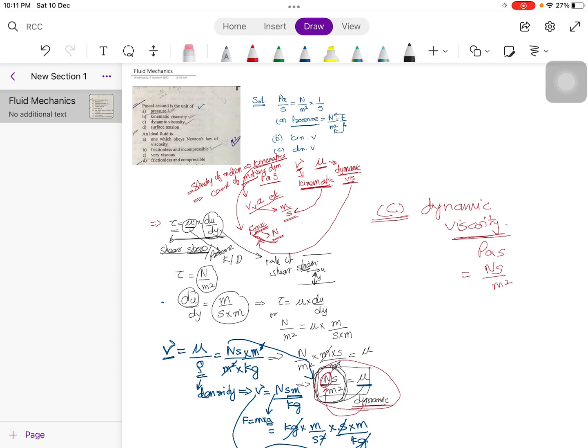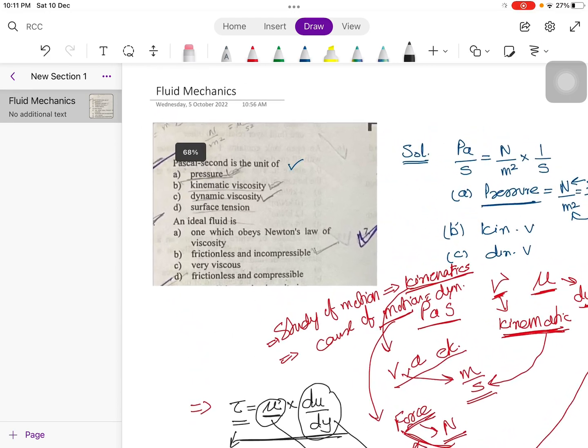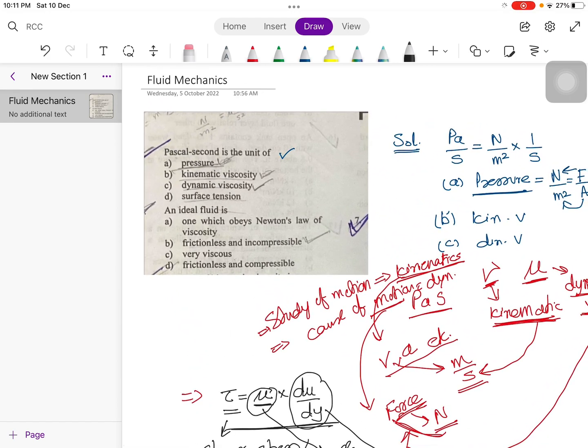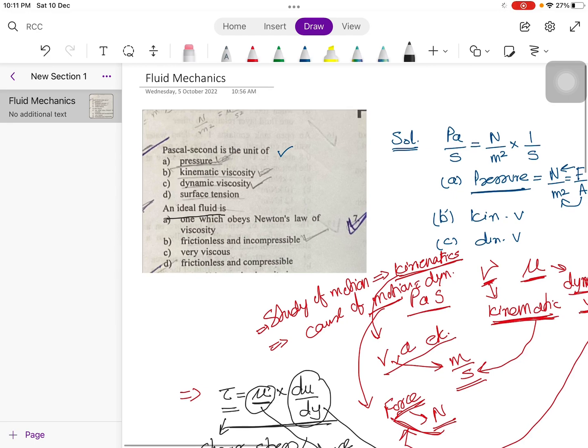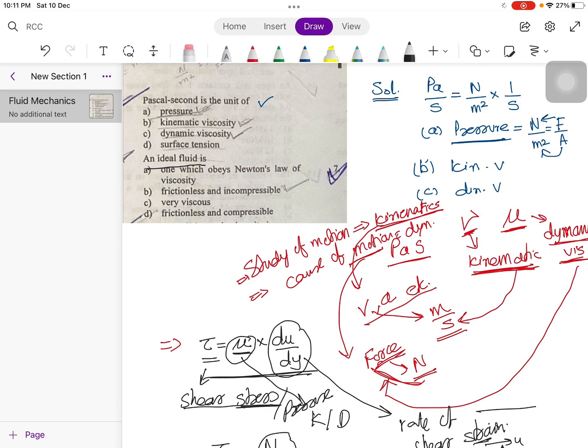Now, taking a look at question number 2, which states: an ideal fluid is one which obeys Newton's law of viscosity.